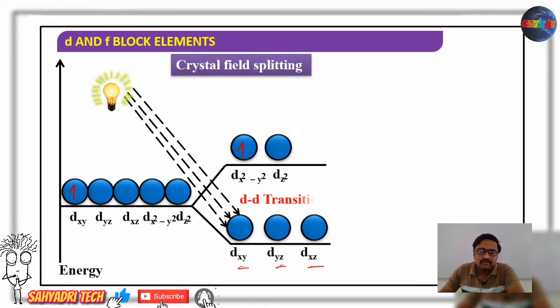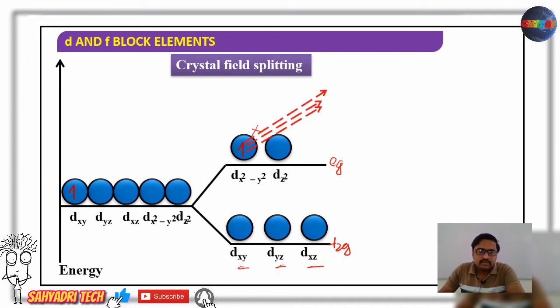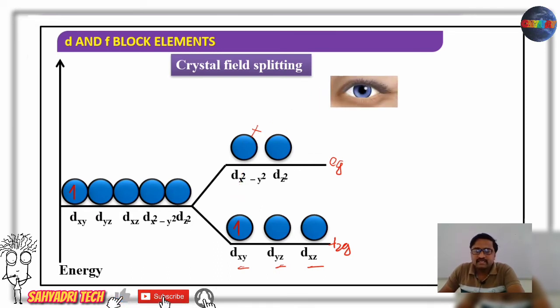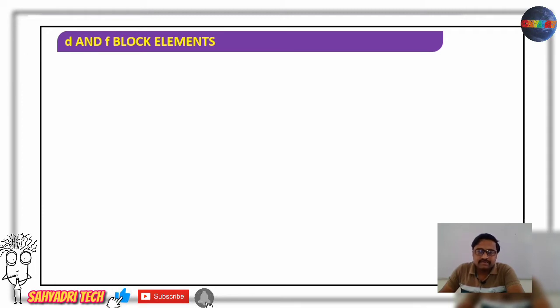So there involves a d-d transition, in which the electron is transferred from the lower to the higher energy level. The electron does not remain there. Being unstable, it goes back to the lower energy level by emitting energy. If the energy emitted falls in the visible region, we observe color.